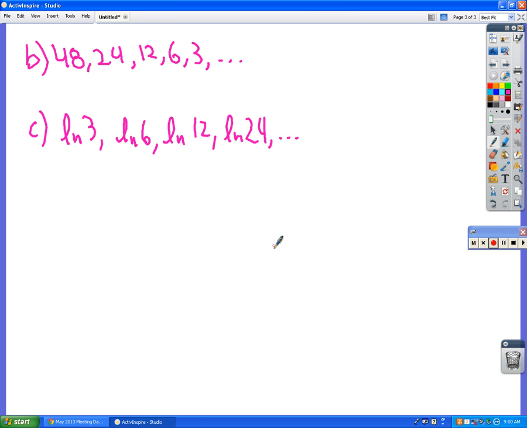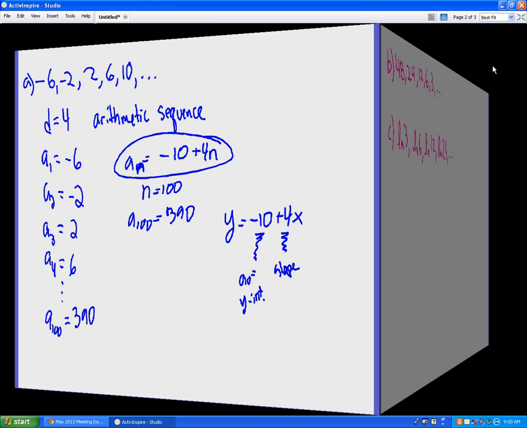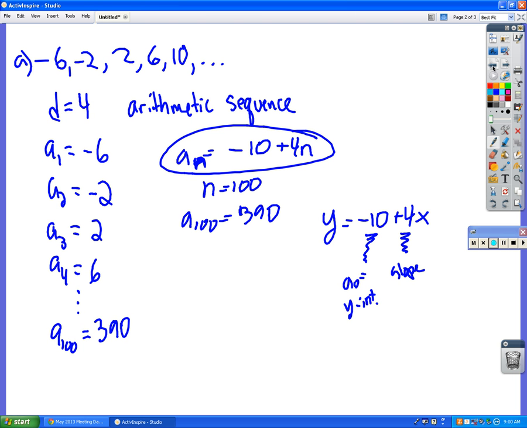Exactly. Okay, geometric or not? I mean arithmetic or not? It doesn't look like it, right? Because these are doubling each time. The one way that you can tell if a sequence is arithmetic or not is to subtract the successive ones. If you get the same answer every time it is. So, for example, what is -2 minus -6?